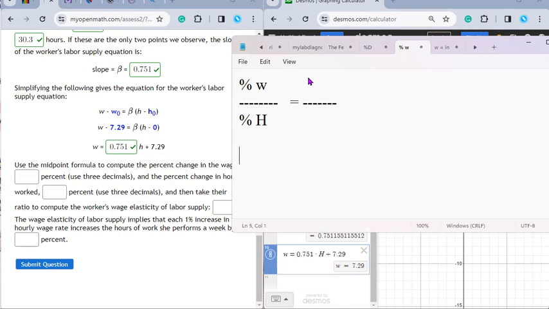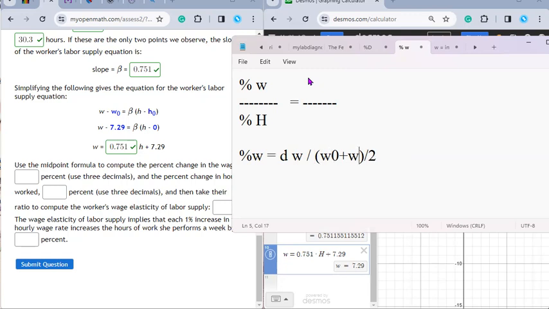The percent change in wage is equal to the difference in the wage divided by the average of the two wages, right? So we have wage 0 plus wage 2 divided by 2. We want the average, so we have to average the two wages.